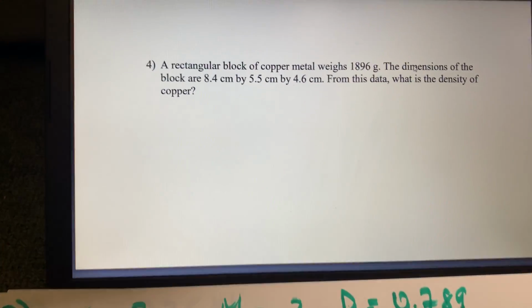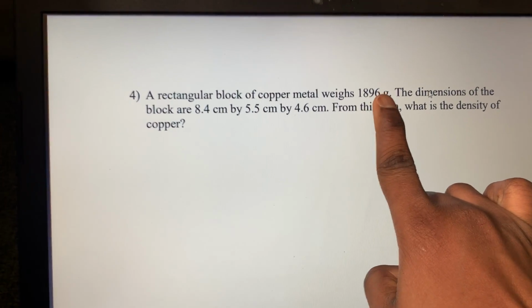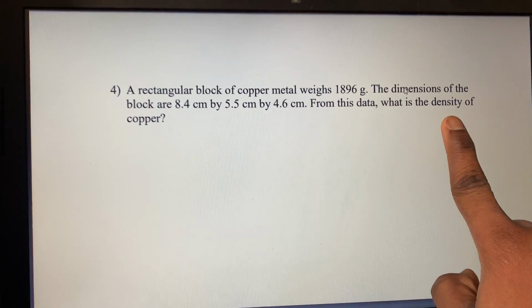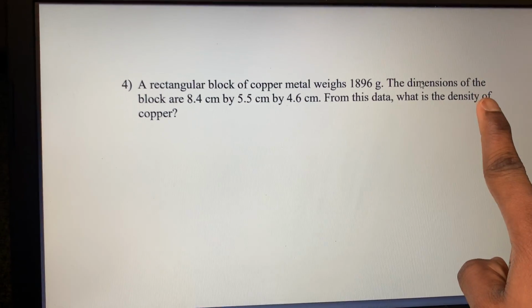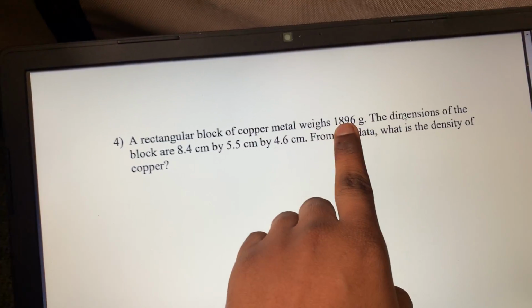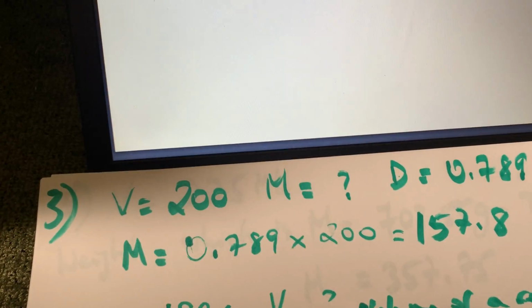But in this case, they have given you the mass, and you need a volume to calculate the density. We all know we're looking for the density. From the formula, you have the mass, which is 1896. Do you know the volume?